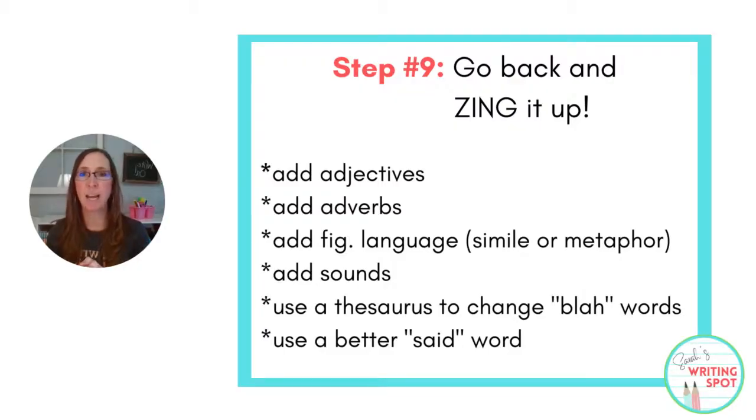And so I usually have a checklist that I give the students. And on that checklist, it might say something like, add 1 to 2 adjectives, add an adverb, add a simile, add 3 sounds, or whatever.